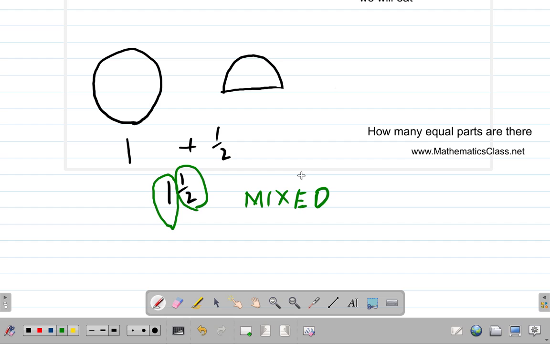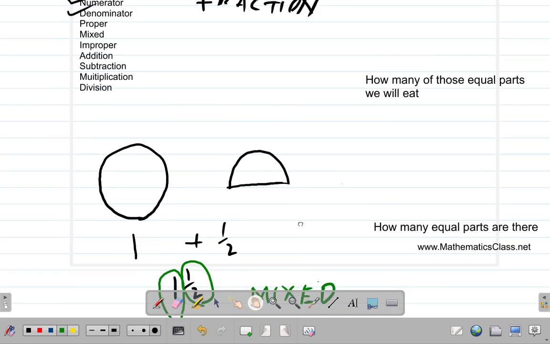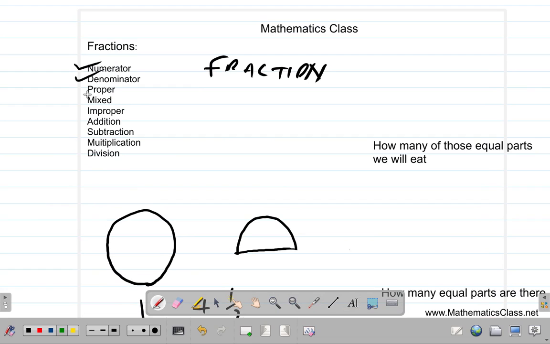For the mixed fraction, you have a whole number part and a fractional part, so the mixed fraction shows a quantity that is greater than 1. That is our mixed fraction, and we will look at the next fraction in line.